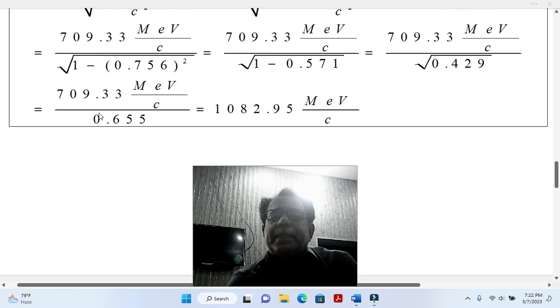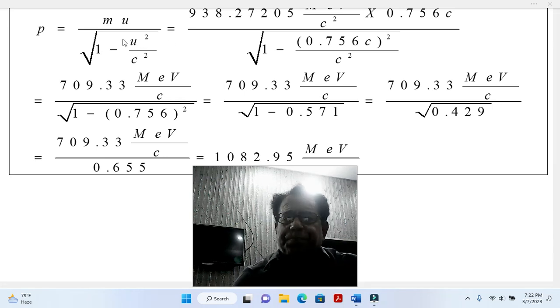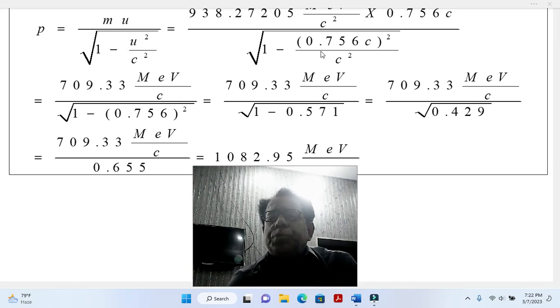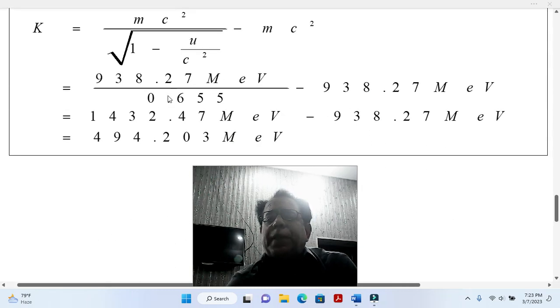Where did this value 0.655 come from? We move back. Yes, this is 0.655 on the previous page, that is, 1 minus u square over c square. From here it runs to this step, then this step, then this step, and then it becomes this. So in part B, kinetic energy, we have directly used the value 0.655, and minus mc square, once again this value.